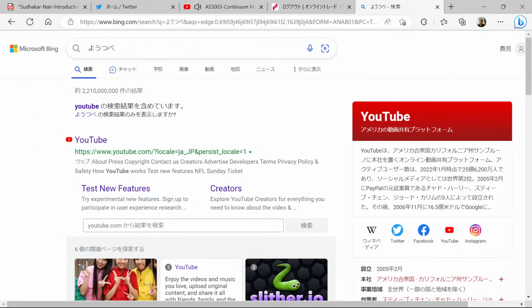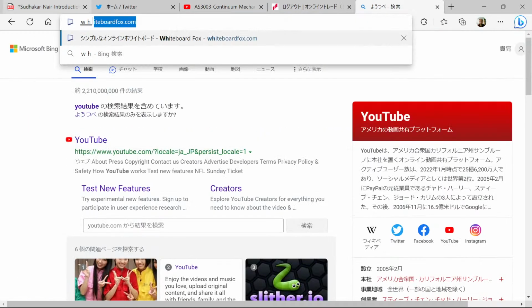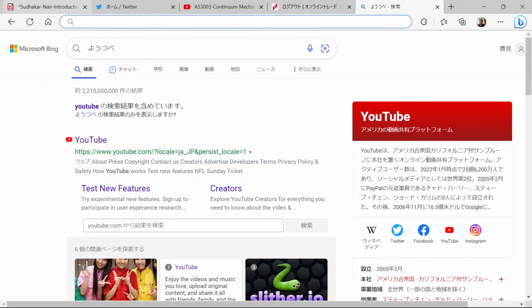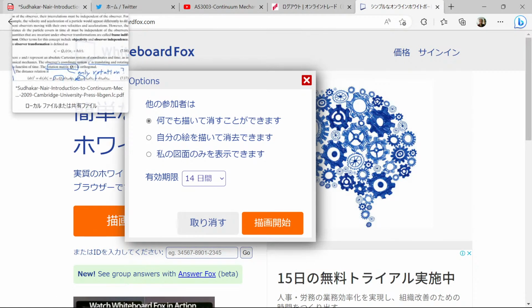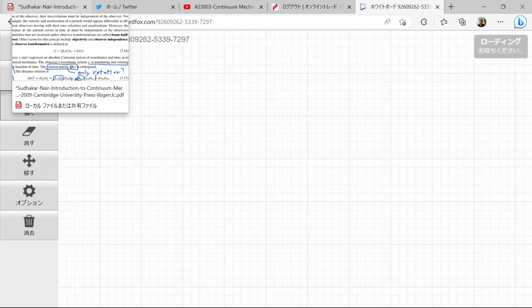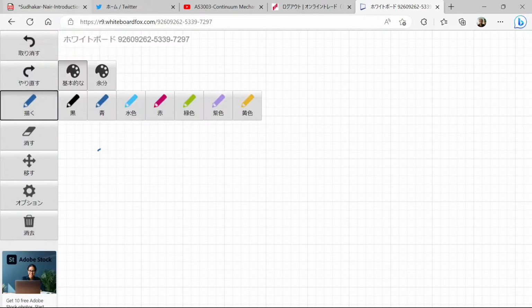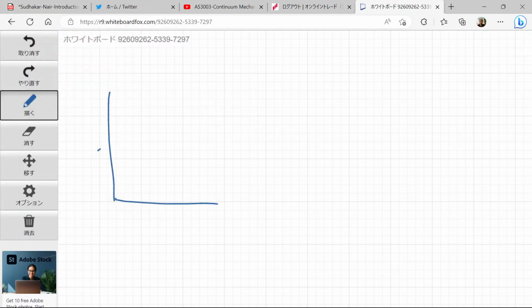So let me see. I can go to the whiteboard. So you have some object or point. Then you have a spatial coordinate like this: x1, x2, x3.